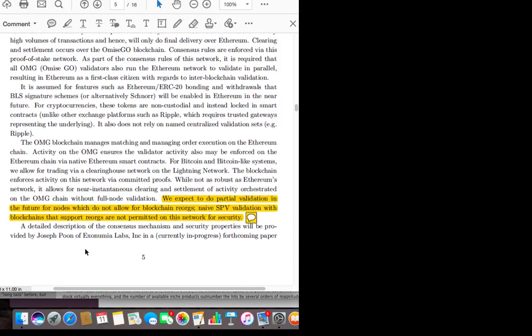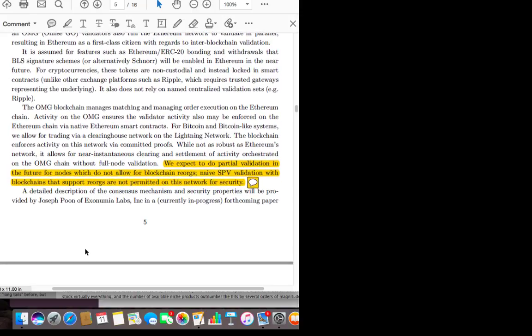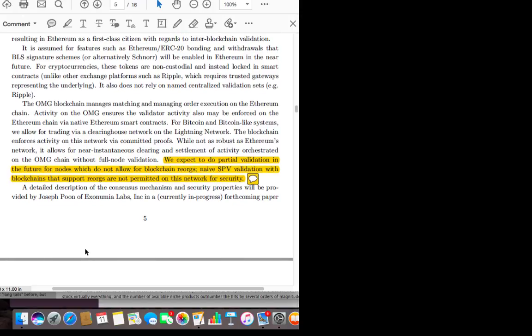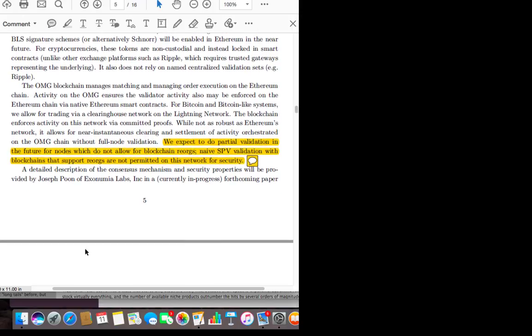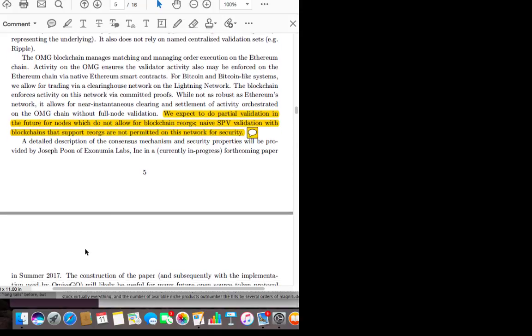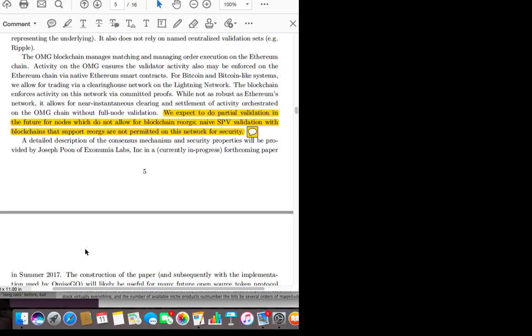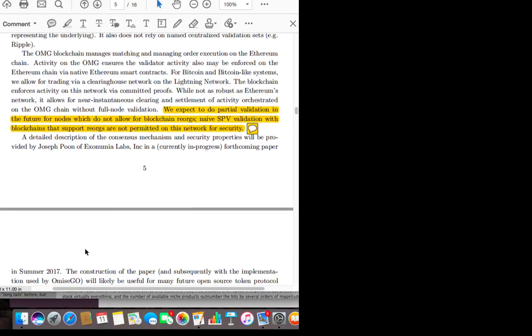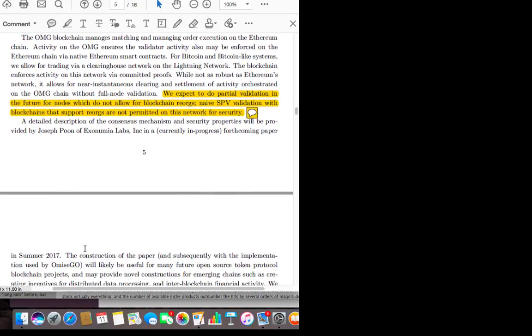So that's good to know. It sounds like they want to make sure that they minimize the risk and have a very seamless way to perform the near instantaneous clearing and settlement of activity. And they're doing that by limiting some of the constraints on how I think they validate the transactions.